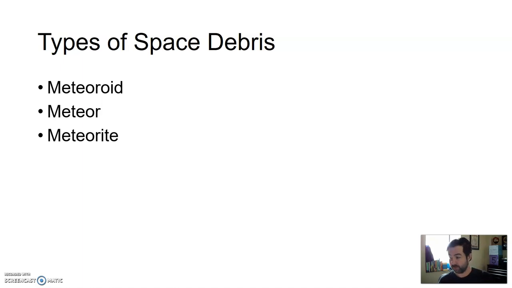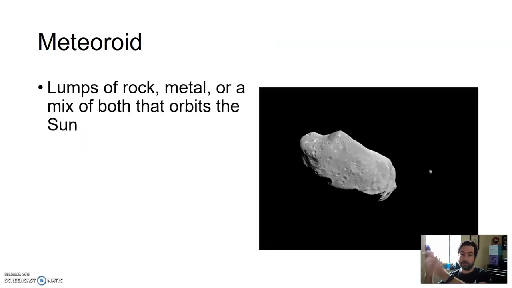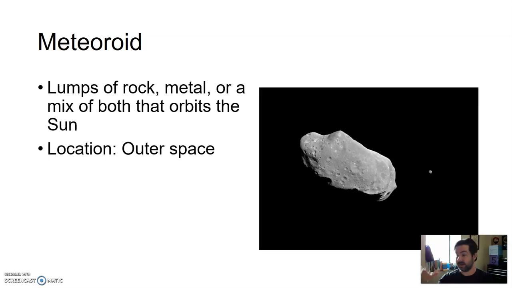Meteoroid, meteor, meteorite: three different names for what could be the same object, depending on where it's at. A meteoroid is a lump of rock, metal, or a mixture of both that orbits the sun. So we find these things out in outer space. That's where we would find meteoroids.